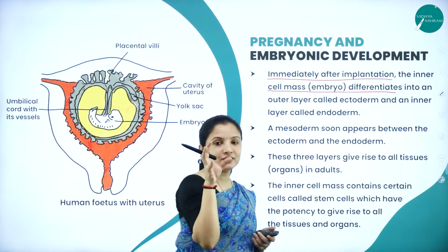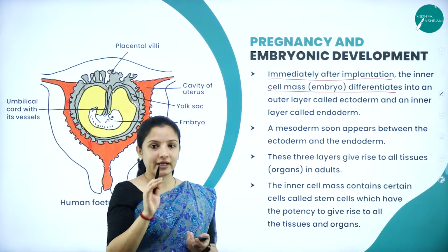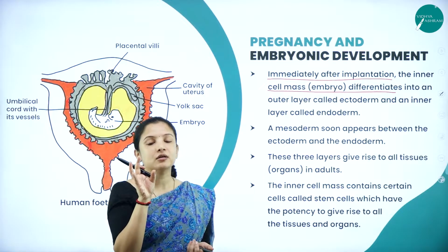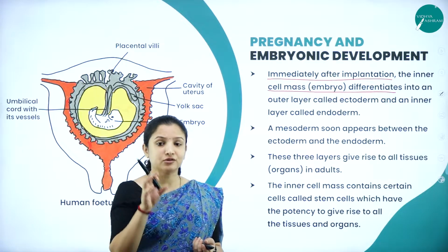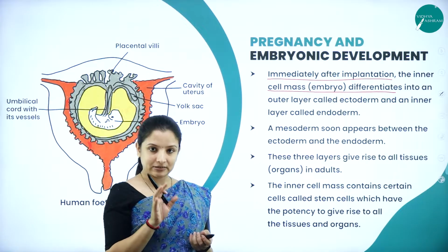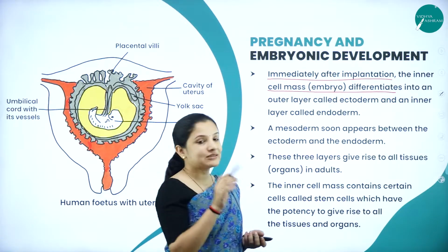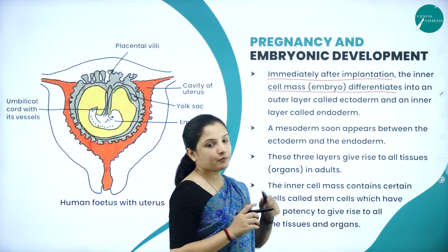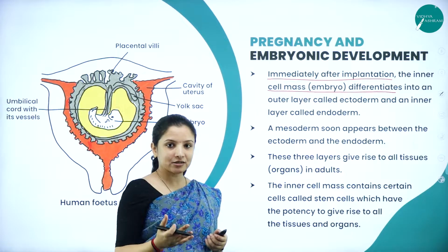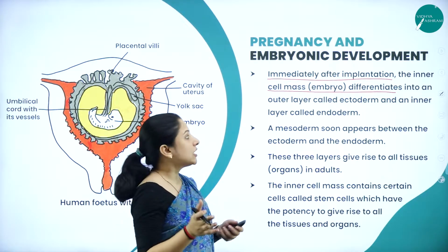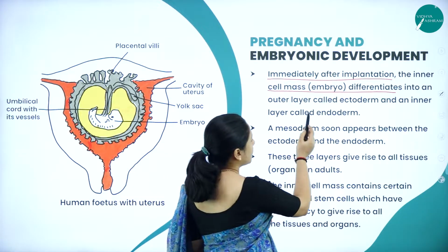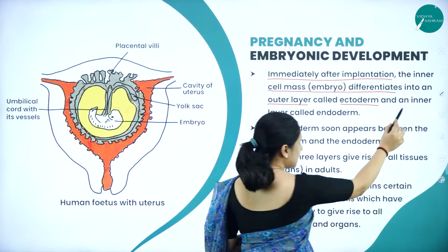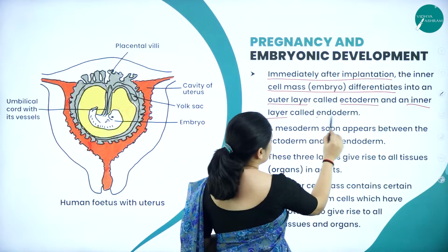So, in the blastocyst, inside it was made up of 2 layers, right? An outer layer of cells, and in the middle there were few cells that were present. Those cells present inside, which is called the inner cell mass, or in particular the embryo, will next, after implantation, differentiate into an outer layer which is called the ectoderm and an inner layer which is called the endoderm.